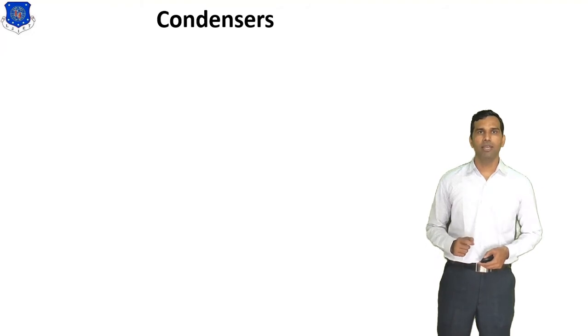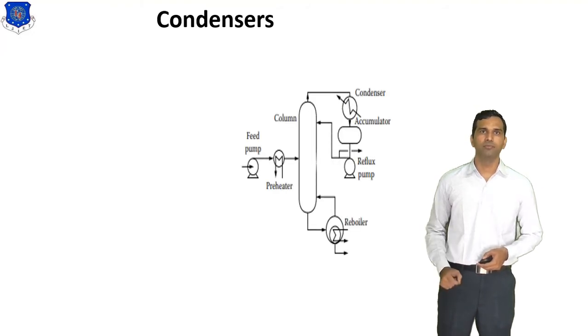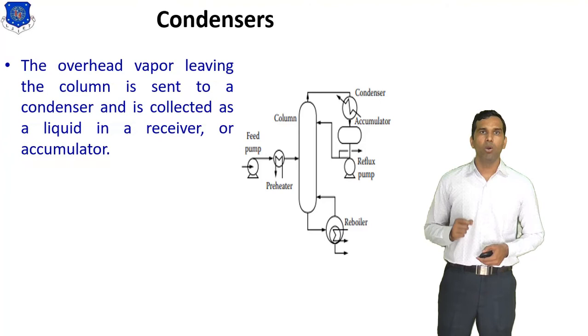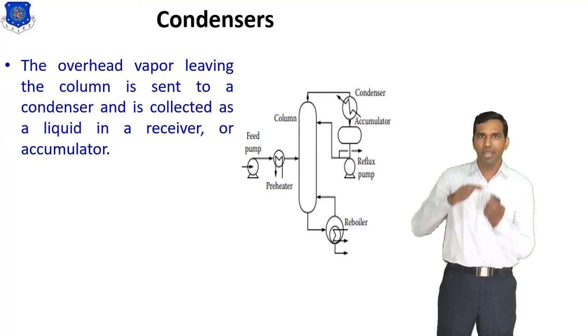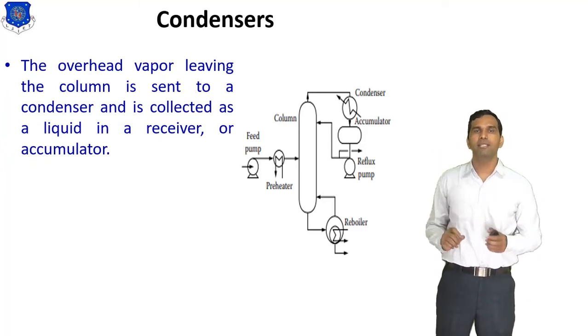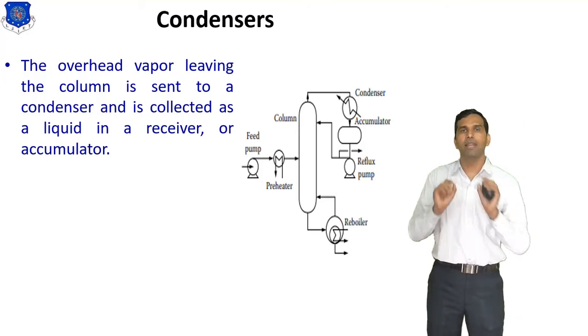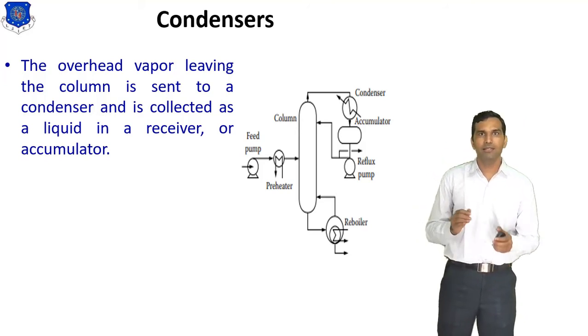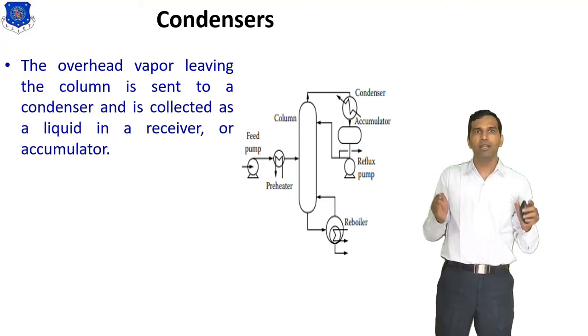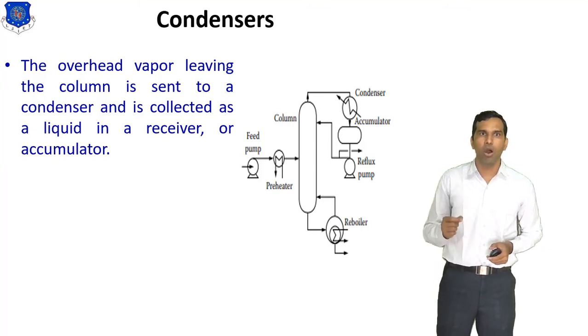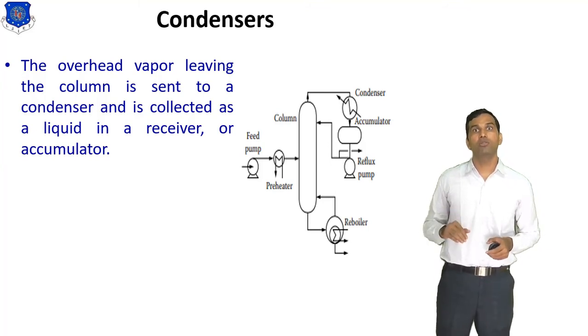Now the next one is the condenser. The overhead vapor leaving the column is sent to a condenser and is collected as a liquid in a receiver or accumulator, also known as a reservoir.